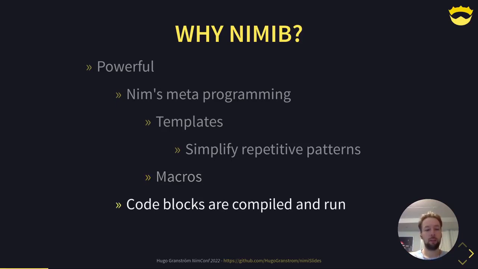And then a feature of nimib is that all the code blocks that you run will be compiled and run. So you know that if the document compiles, all the code blocks in it compile, which you wouldn't know if you just copy pasted some code into a code block in Markdown, for example. nimib can also capture everything that you echo from your code, which can be really useful.